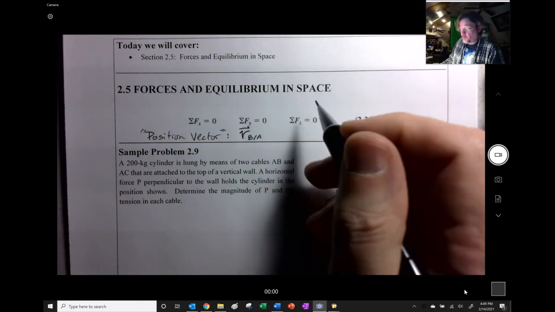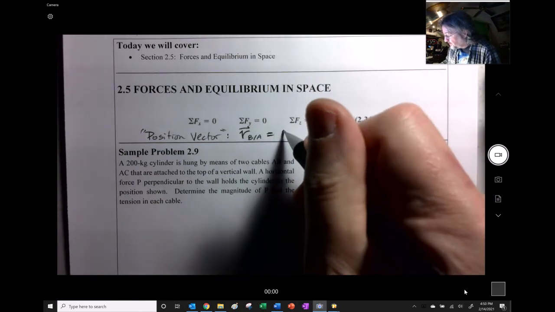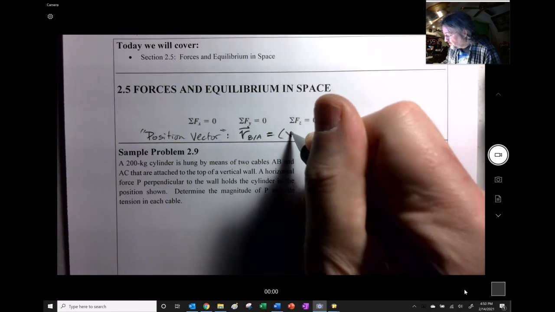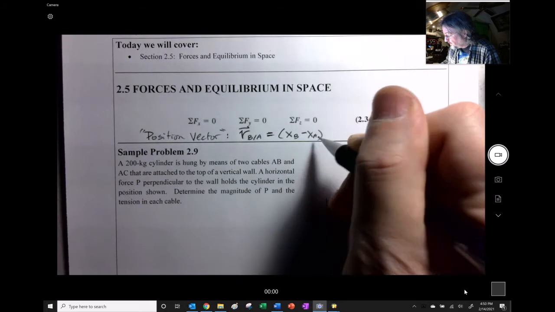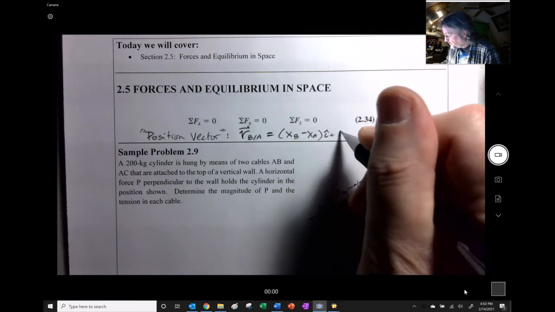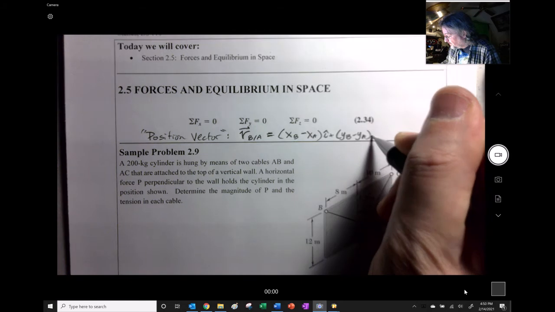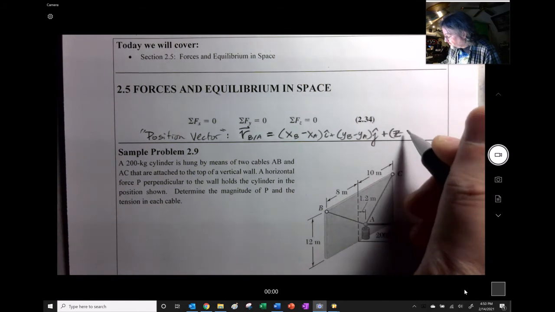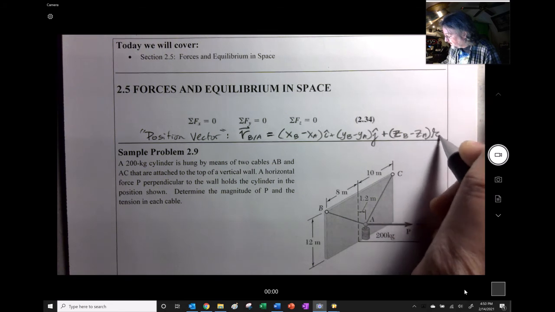The position vector is going to be equal to the position of B minus the position of A, x_B minus x_A in the i direction, y_B minus y_A in the j direction, and z_B minus z_A in the k direction.